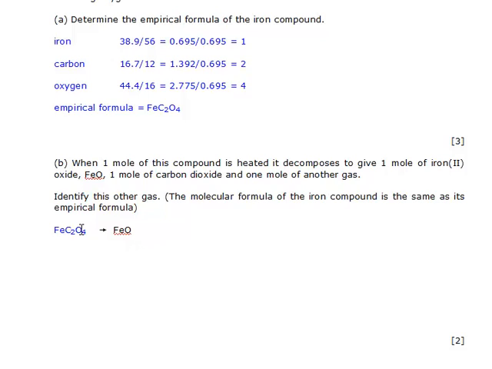You've taken one Fe out, that leaves C2. That gives 1 mole of carbon dioxide, we're told that as well, plus CO2. And what else is left? Well, carbon's left, and an oxygen's left, so the other gas must be CO. Just a case of counting up what's left. Identify this other gas.